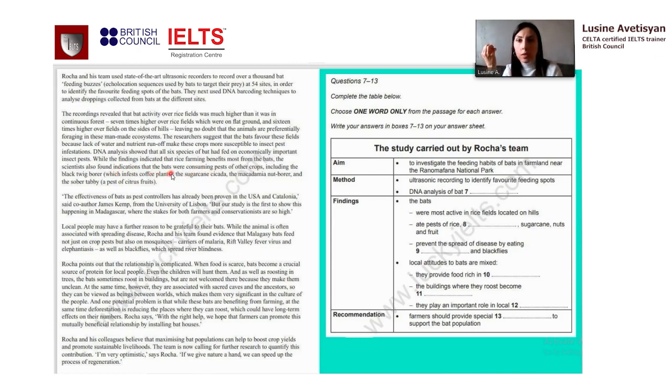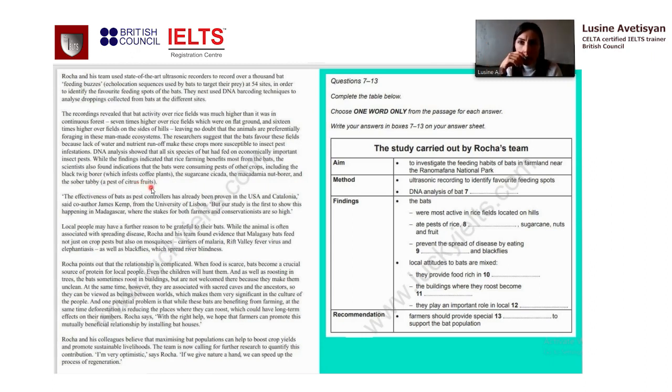So they found indicators that bats were consuming pests of other crops, including the black twig borer, which is one of the pests which infests coffee plants. So we can see that this is rice. This is the one that infests coffee plants. Here we have got sugarcane, which was written, and nuts, which was written, and fruits also, which was written.